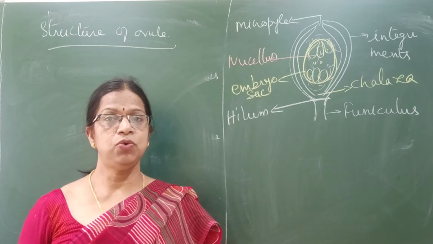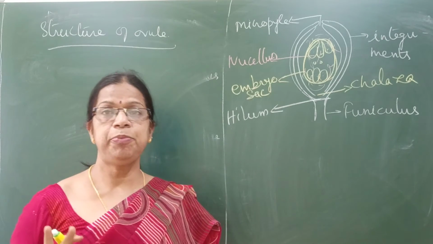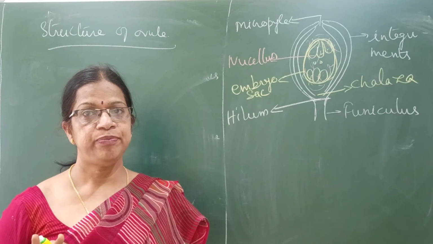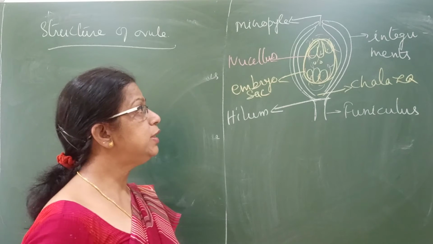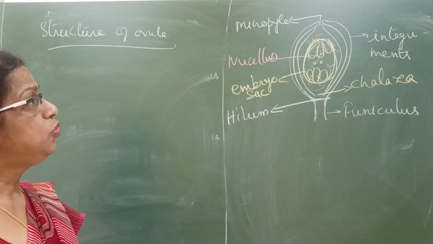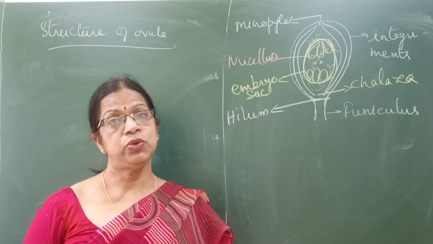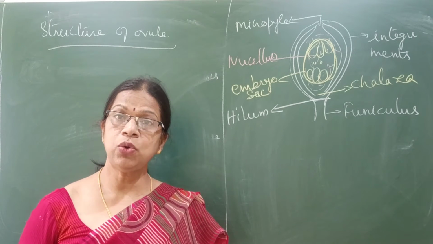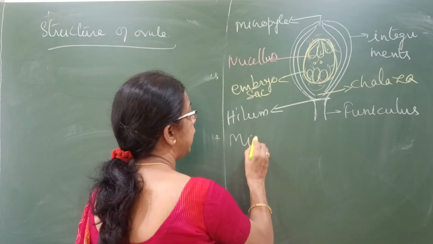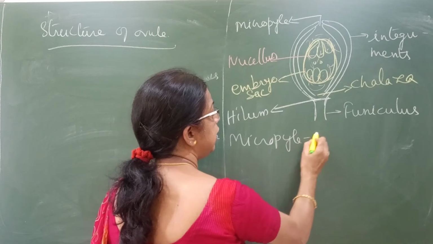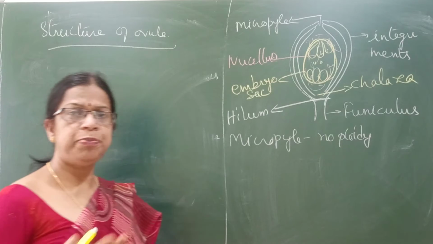Any angiospermic ovule consists of these parts. Out of these parts, all are diploid except for the embryo sac. What are the other parts? Funiculus, chalaza, integuments, nucellus. All these are diploid except for the embryo sac. And what about micropyle? Micropyle has no ploidy, because micropyle is a space.